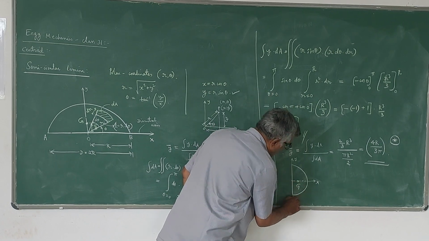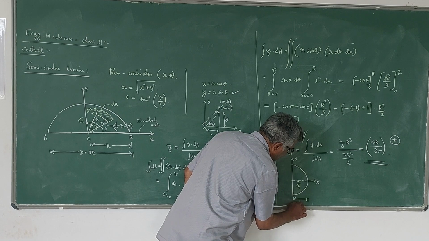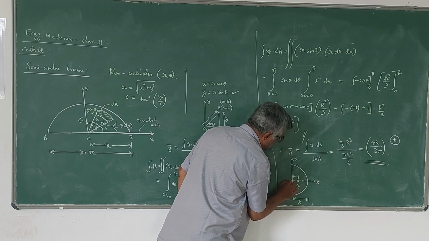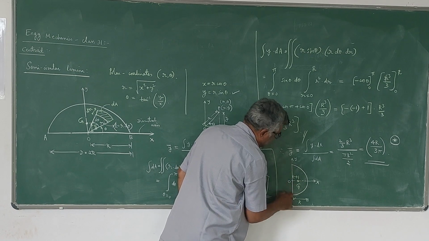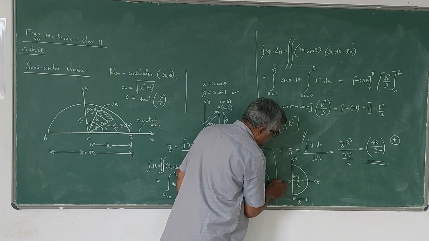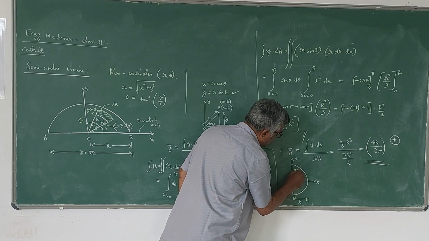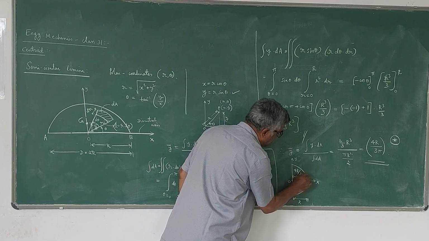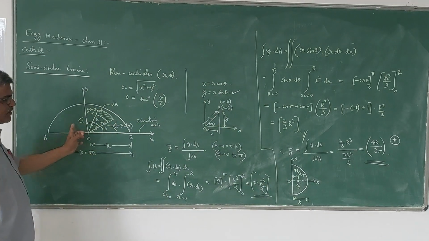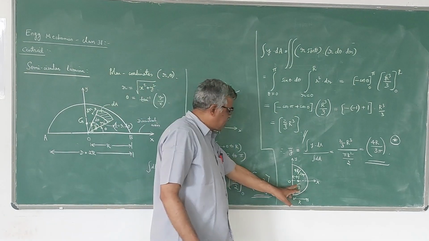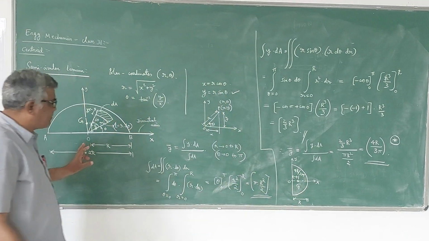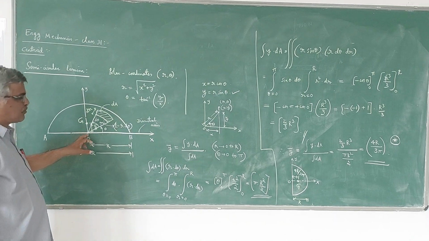This radius is r, this is the center O, and this is the diagonal axis. The distance of the centroid from the center O is 4r by 3 pi. You are going to get the same thing whether the position is like this or like this. So it lies at a distance of 4r by 3 pi from the diagonal axis or from the point O.